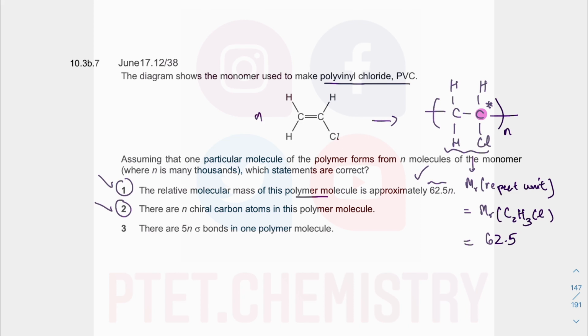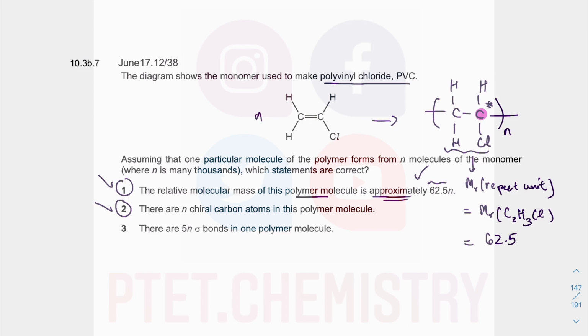n is only approximate, we are not entirely sure, because there's something capping the polymer at the very end as well. Next bit, there are 5n sigma bonds in one polymer. If you look at the repeat unit, on the repeat unit you have 1, 2, 3, 4, 5 sigma bonds from the original monomer.